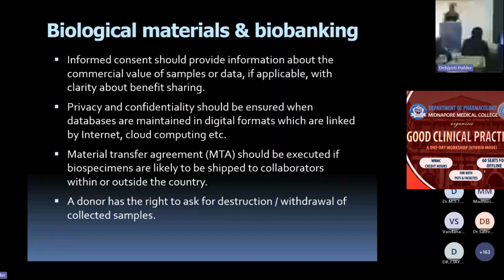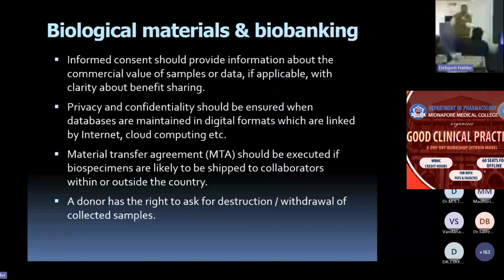Okay. So all of these issues came from the story of Henrietta Lacks. Have you heard about Henrietta Lacks? Have you heard of the HeLa cells? The HeLa cell line, the name is coming from Henrietta Lacks.